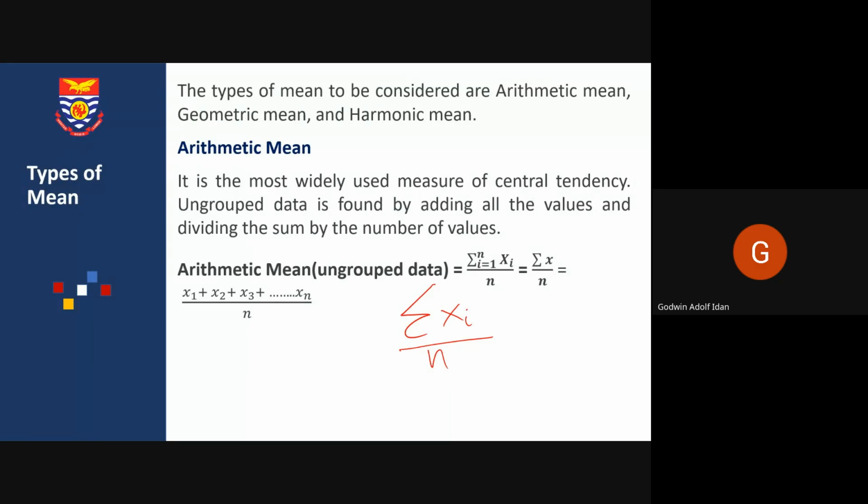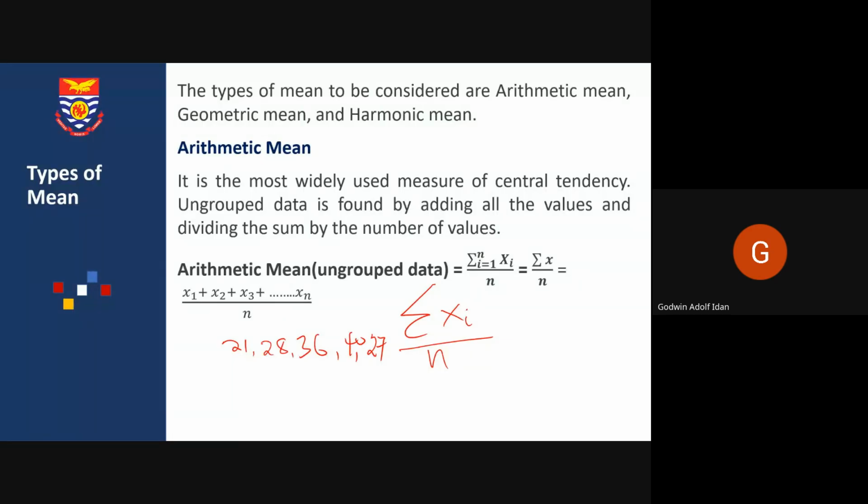So for example, when you have a given set of values, let's say we want to know the ages of 5 students in the class, and they tell us that their ages are 21, 28, 36, 40, and 27.